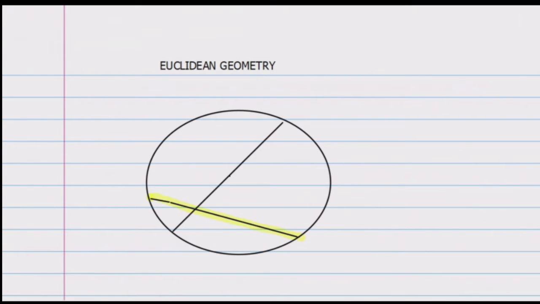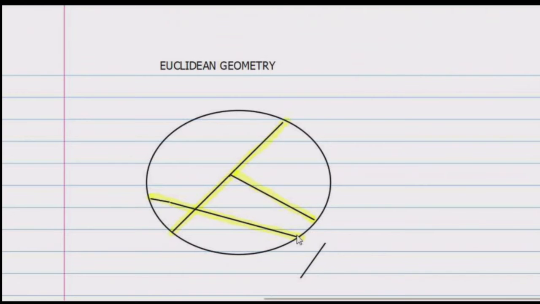From my center to a point in a circle. This line would be my radius. This would be my diameter.